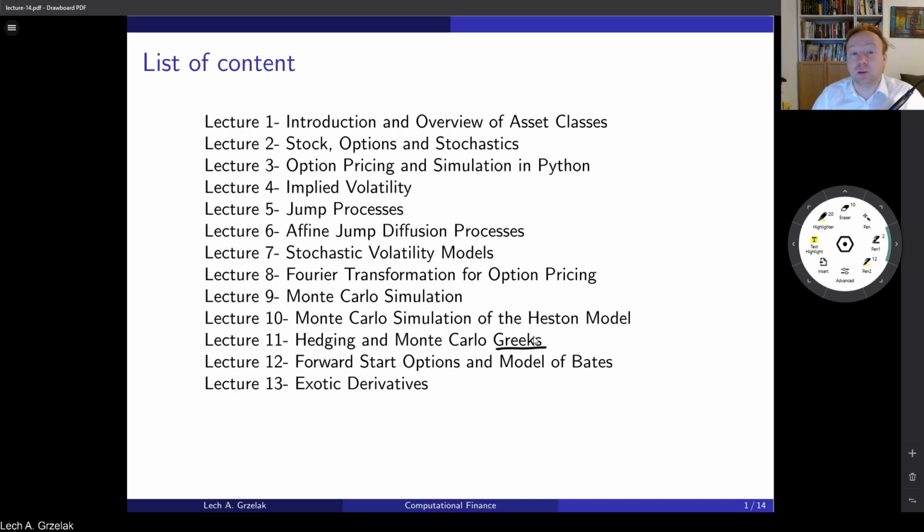The last two lectures, so forward start options and exotic derivatives, are, let's say, the summary of this series, where we have used all the knowledge that we have learned about the pricing, and we extended that with some particular products that are forward start options, so options that are not only plain vanilla options, but there are also some more exotic derivatives.